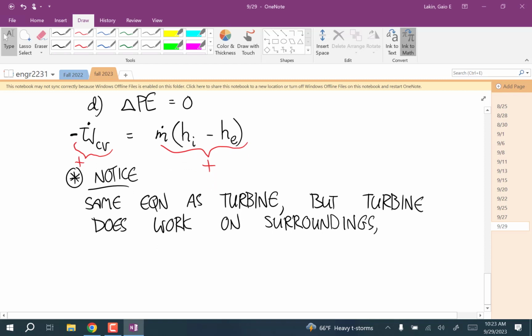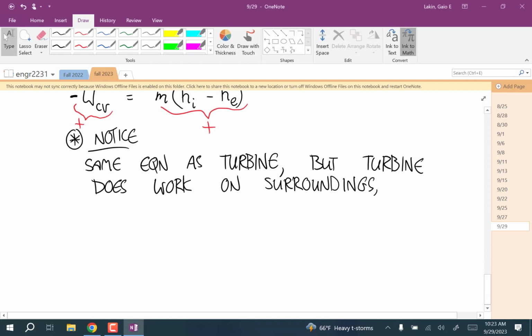It can either be mechanical work, you can make mechanical pumps, or it can be electrical work. So a compressor or a pump inputs work from the surroundings.